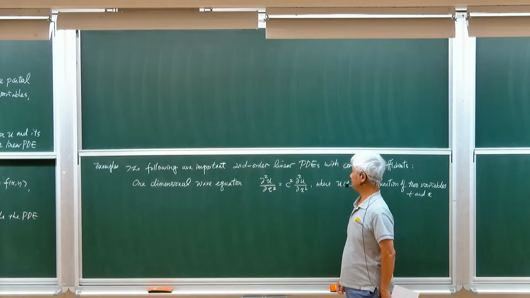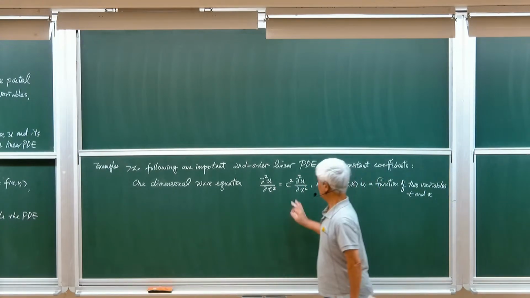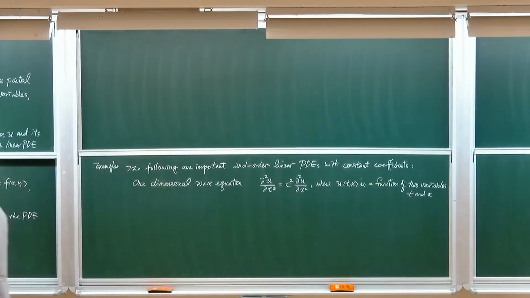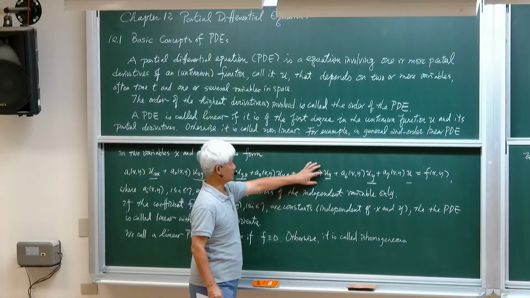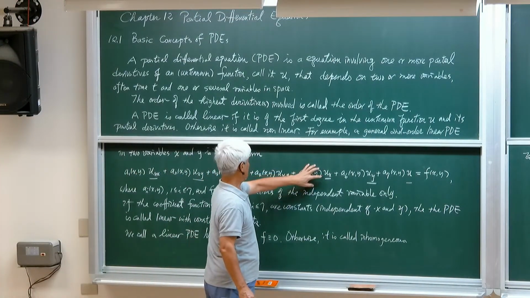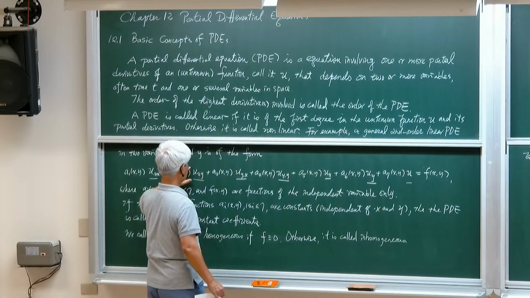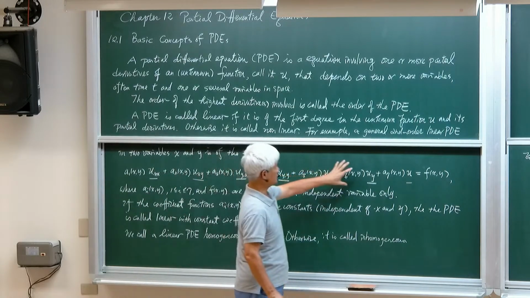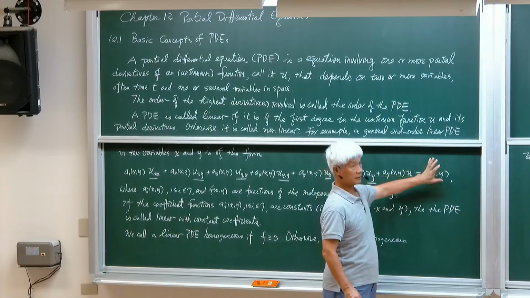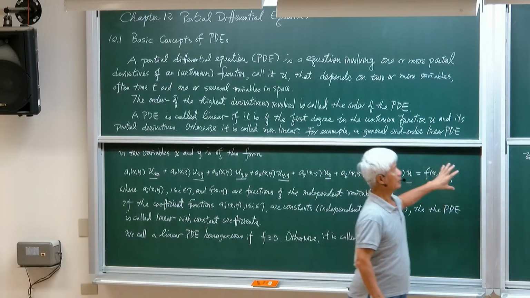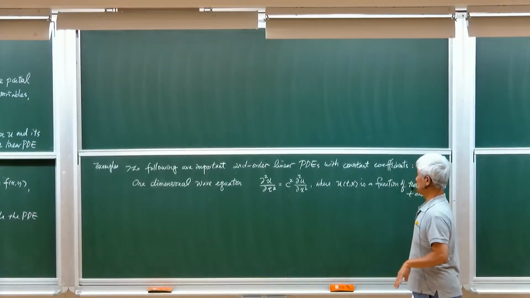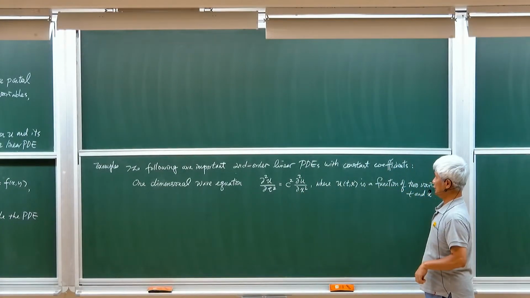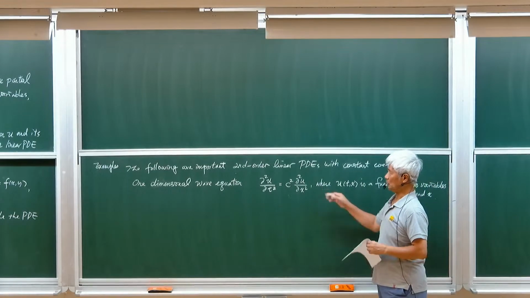Okay. So this corresponds to this being constant, and this being constant. But the other terms are all 0. Okay. So this is a homogeneous linear PDE with constant coefficients. So this is called the one-dimensional wave equation.